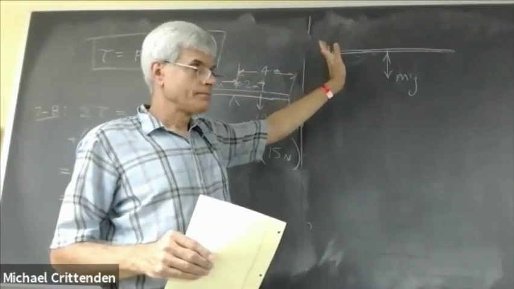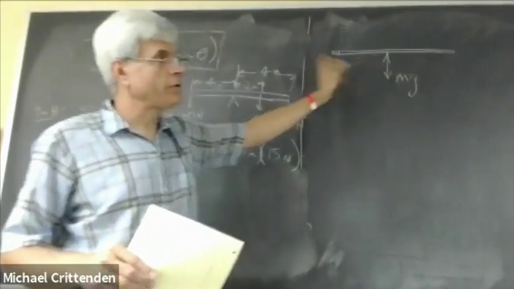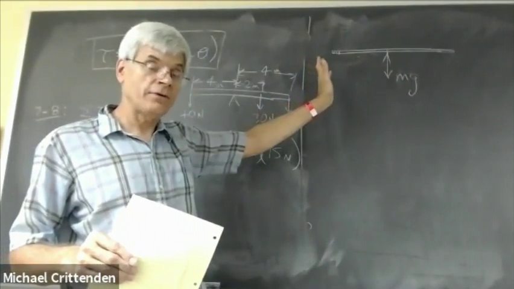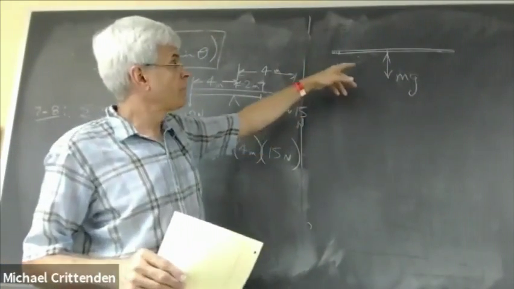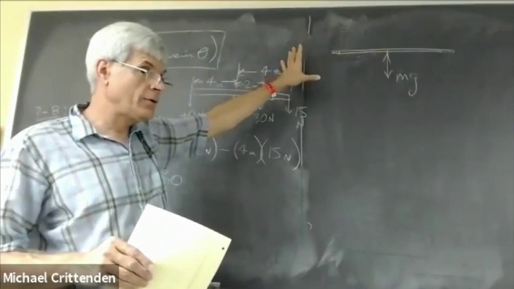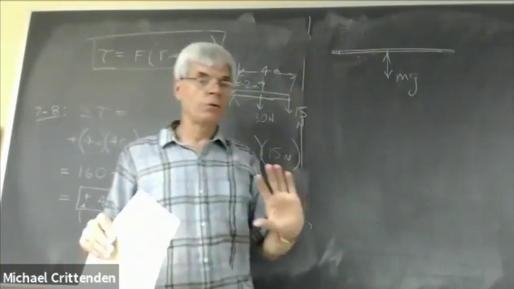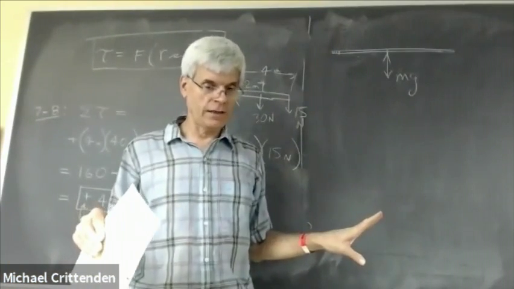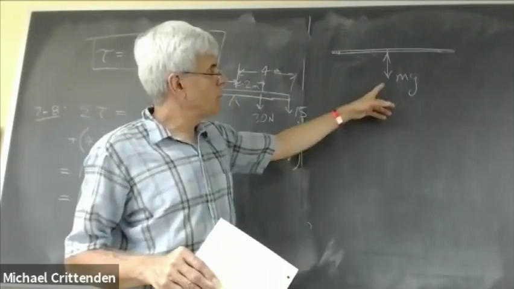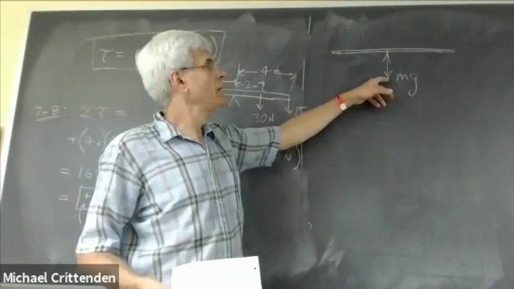Now, like I said, what it really is is a distributed force, and for certain types of problems, you have to look at it that way. For example, if you want to figure out how much the board sags under its own weight. But for any problem that we'll encounter in this course, you can get away with this simplification.